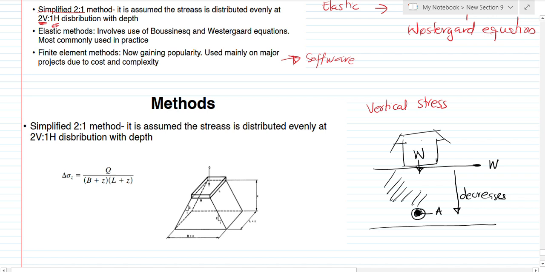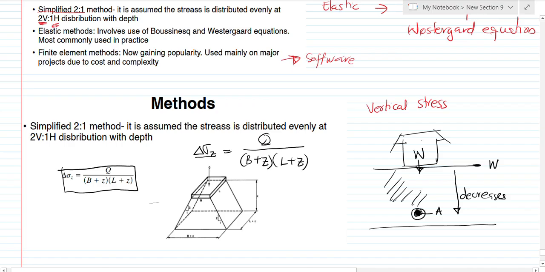Now, in that method, we said that we can use the simplified 2:1. So this is the equation for finding the simplified 2:1 method. Here we are looking at the stress increase at any depth. So this is the symbol for stress increase at any depth, and it's equal to Q, that is the force, over the breadth or the width of the foundation plus the depth that you are looking at, multiplied by the length of the foundation plus the depth that you are looking at.